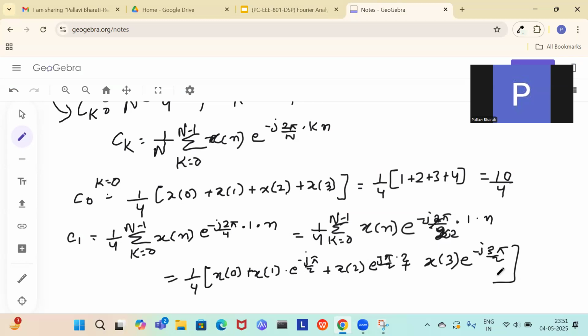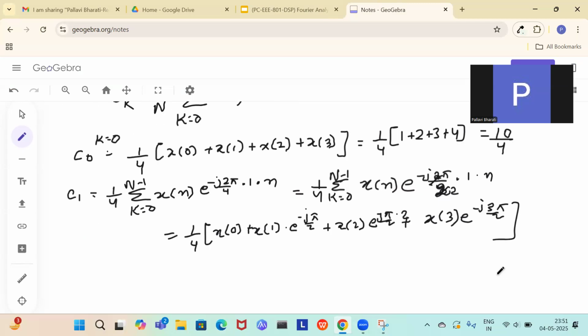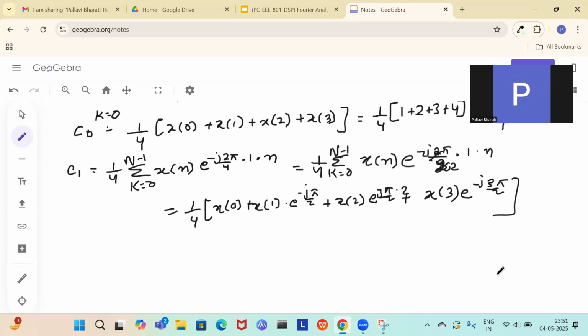You'll find out the value. Same way you are going to find out C2 and C3. It's going to become large, so I won't do it, but I'll tell you the full method. This way you will find out C2, then you will find out C3.